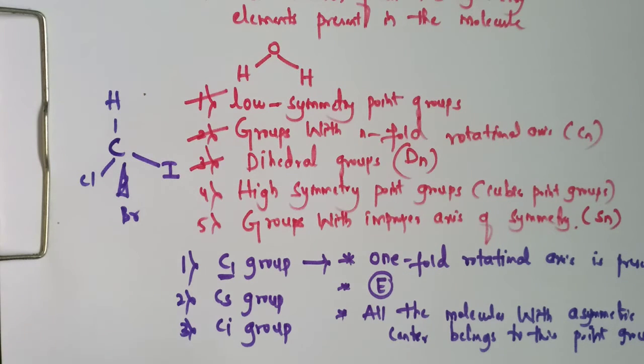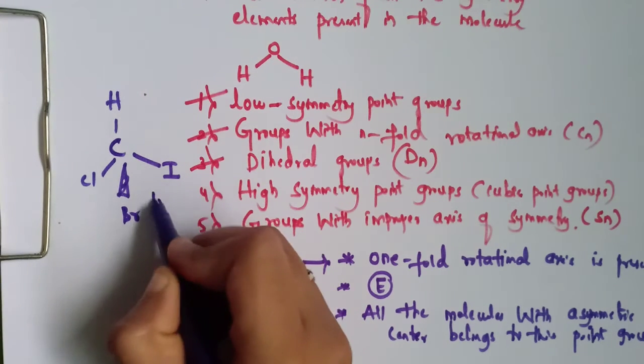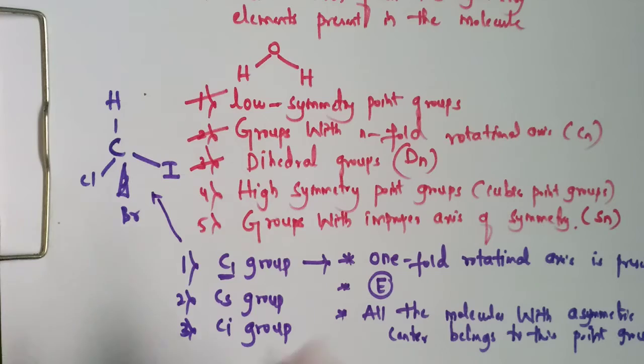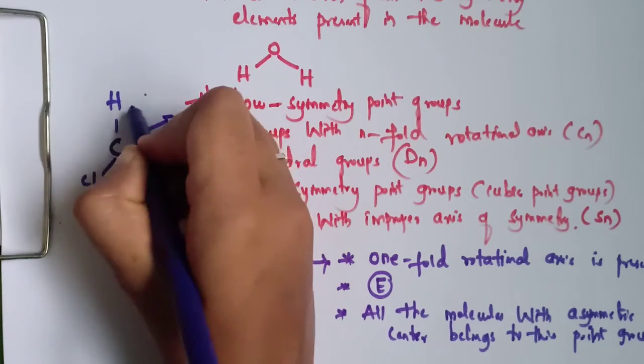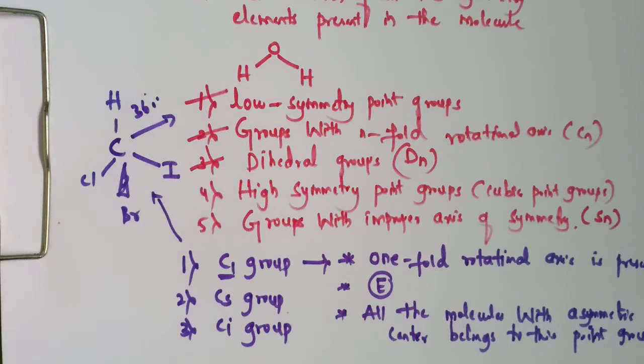All the different atoms are surrounded by this central atom. So this carbon is the asymmetric center, and this belongs to the C1 group. That means if you rotate this molecule by 360 degrees only, it will give the original configuration, or else it will not give any other symmetry elements. The only symmetry element present is identity.